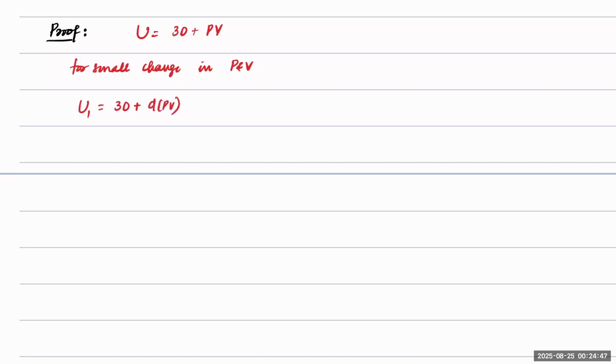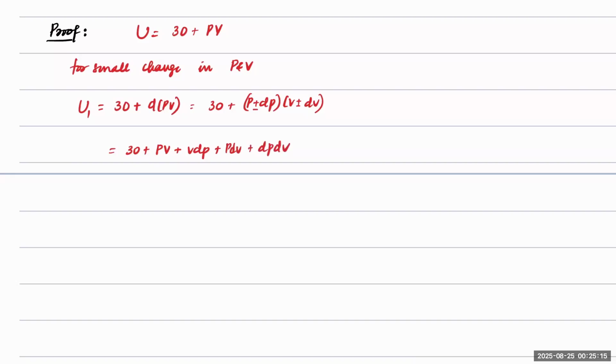And d of PV can be written as P plus a small change in pressure, times V plus a small change in volume, which is PV plus VdP plus PdV plus dP into dV, correct?